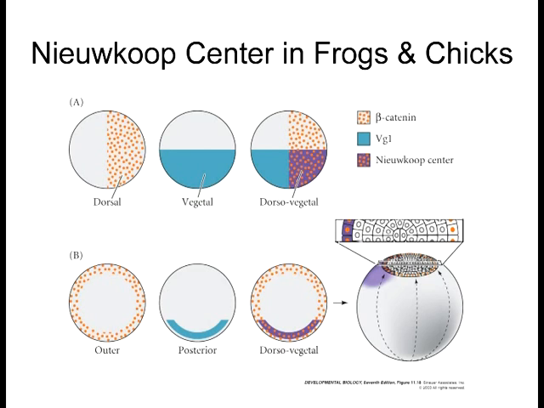So as the primitive streak's forming, these cells are being exposed to genes from the Nieuwkoop center, and eventually these cells will take on the organizer fate. Okay? So Hensen's node doesn't show up until the entire primitive streak has been developed, and then in the most anterior region of here, you get Hensen's node. That's where the organizer forms, in the most anterior region.